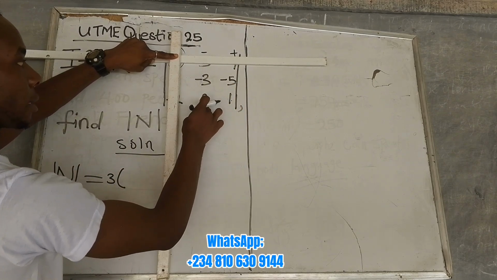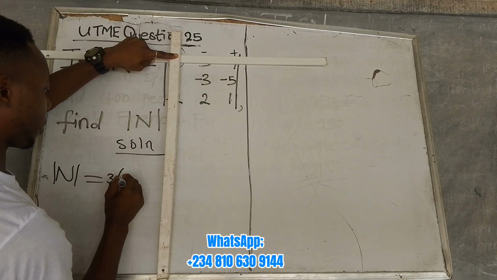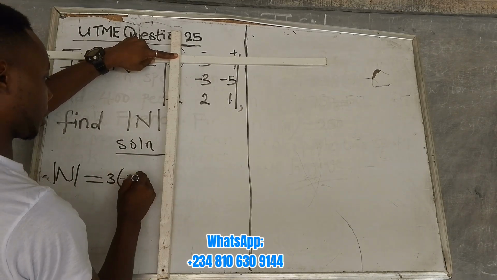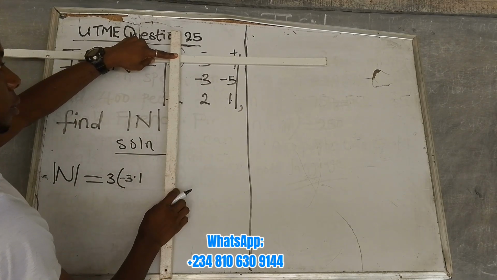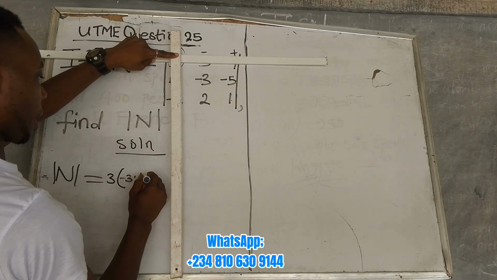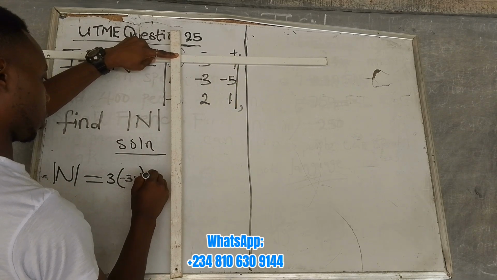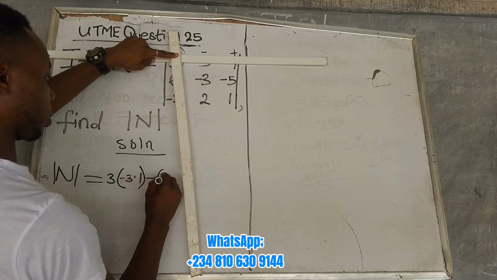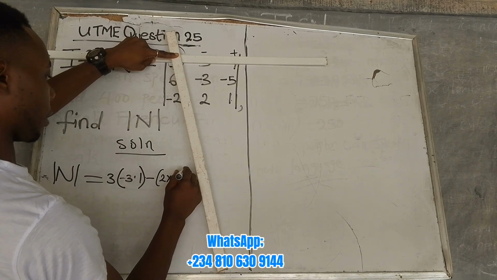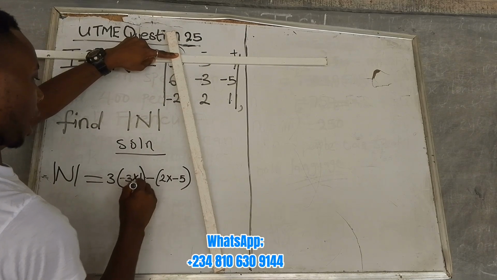So we have minus 3, right, times 1, right? Then 2 times minus 5. Let me just put times here.